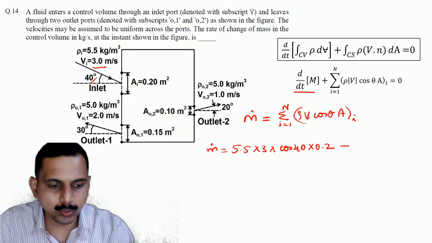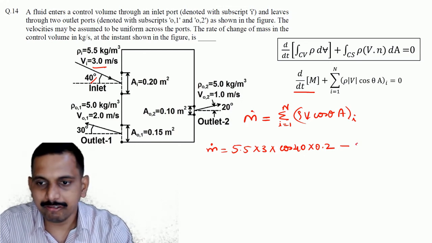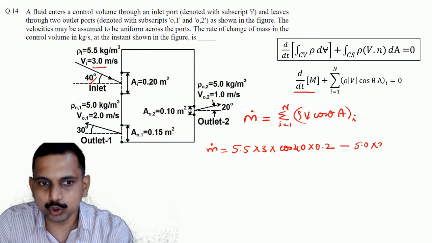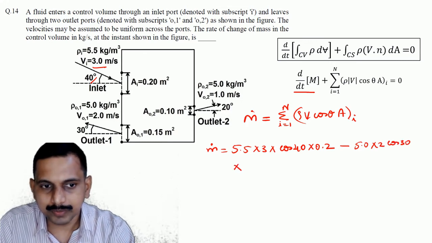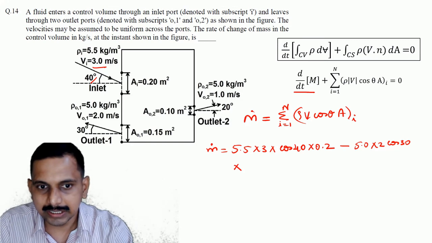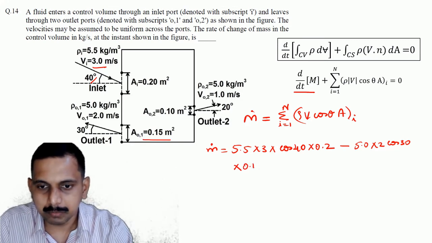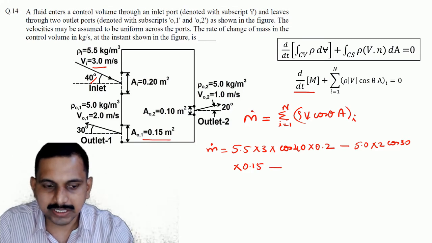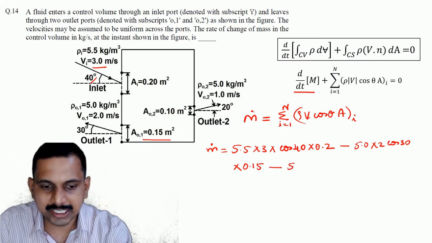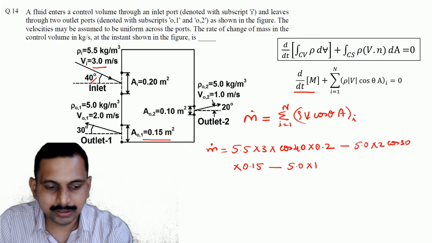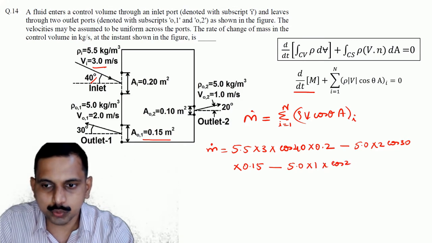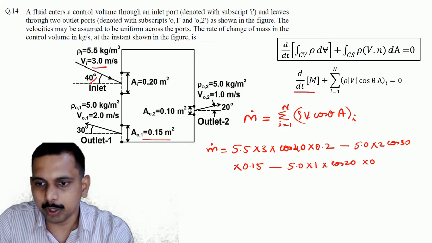So the first outlet 1 would be 5 into 2 into cos 30 into, if I see the outlet here, the area is 0.15, correct? 0.15 minus the second outlet, if I see, it is 5 into 1 into cos 20 into 0.1.